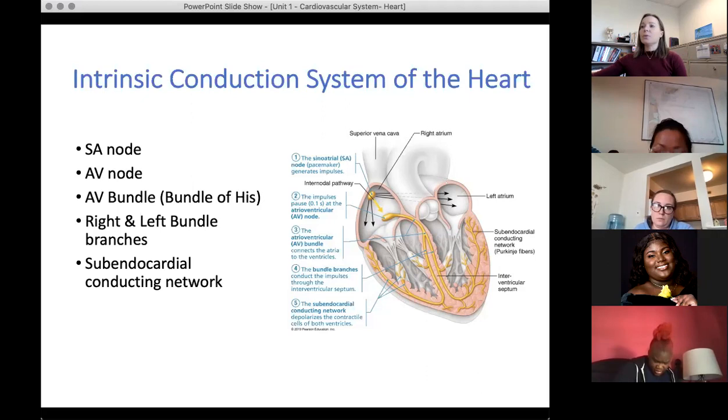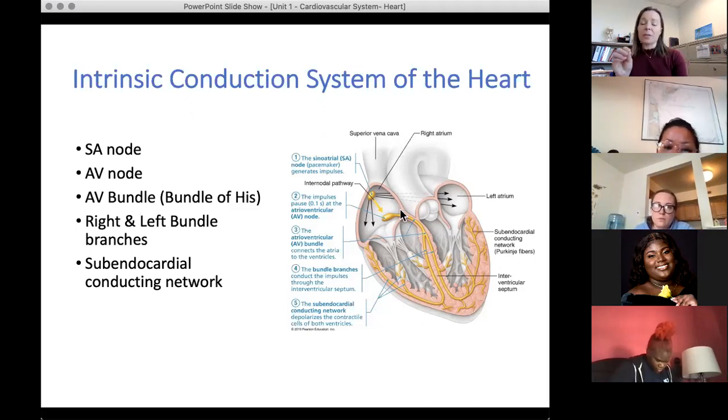The AV node, you can see here on the diagram, is located in the lower right atrium. Some books say it's actually in the interatrial septum. Remember, that's like the divider between the two sides. So you can put both.